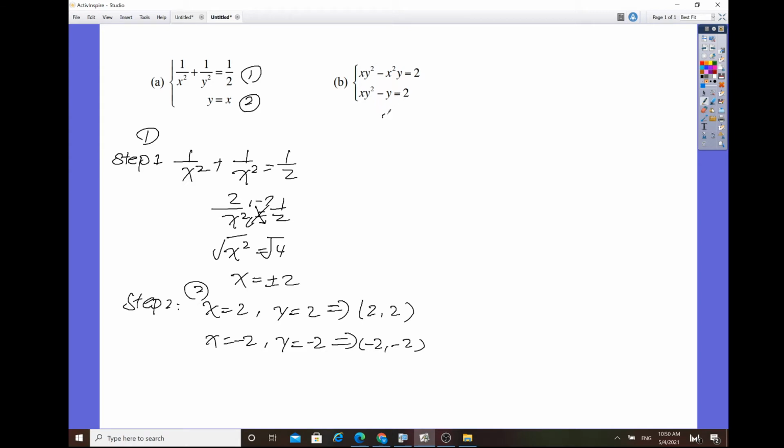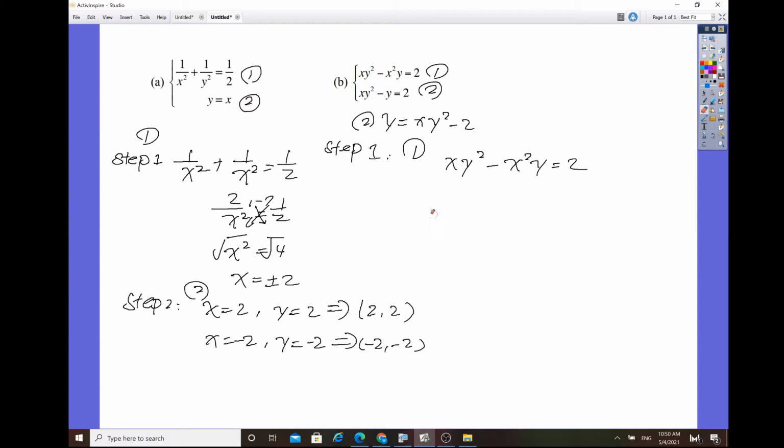So set y equals xy squared minus 2 for the second equation. Once you set it like this, back to the first equation, what we got is xy squared minus x squared y equals 2. If you don't want to deal with that y, we can always take it out. Before you take that out, let's just put in the replacement.